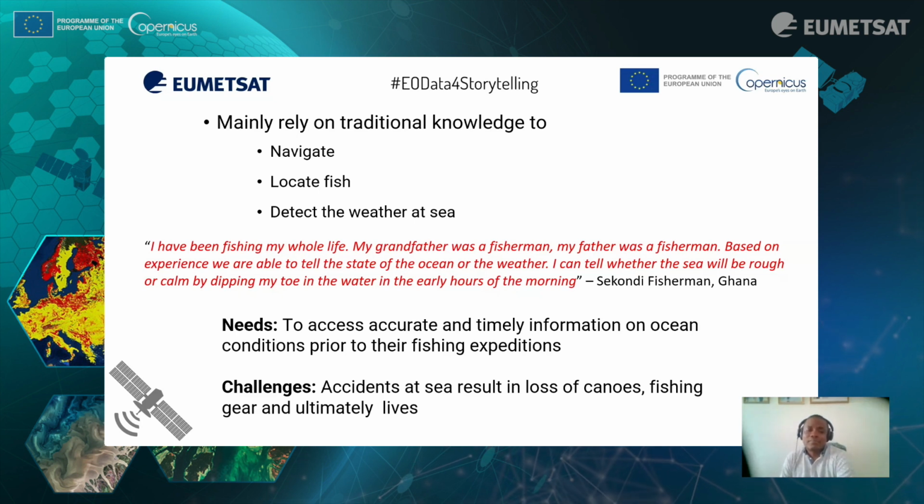There are clearly some needs that have been expressed by some of these artisanal fishermen, being the need to access accurate and timely information on ocean conditions prior to embarking on their fishing expeditions. The challenges and the losses are uncountable, ranging from the loss of canoes and fishing gear, and the ultimate price is paid with lives.